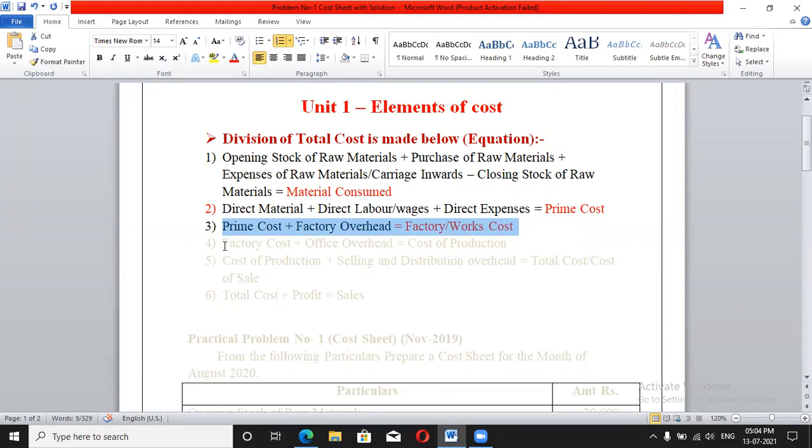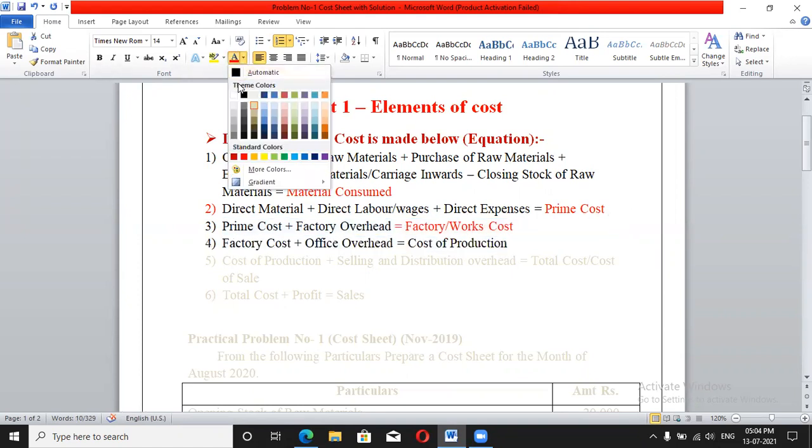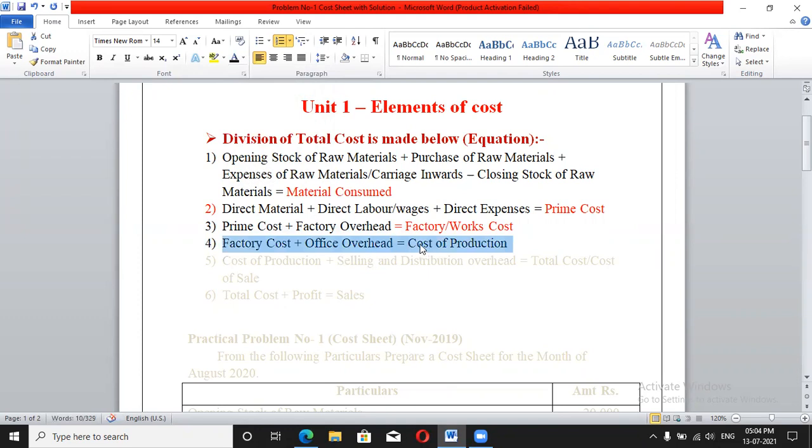Then let's see the fourth equation: factory cost plus office overhead. Overhead means expenses. When we add office overhead to factory cost, we get the amount of cost of production.